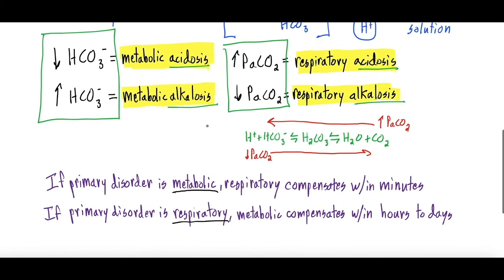So if the primary disorder is metabolic, we said metabolic is driven by bicarb, which is regulated by the kidneys. If your bicarb is low or high, and it's a primary metabolic disorder, the respiratory system compensates actually within minutes. We're going to get into metabolic and respiratory compensation in the next video, but this is just to note that the lungs can work really quickly.